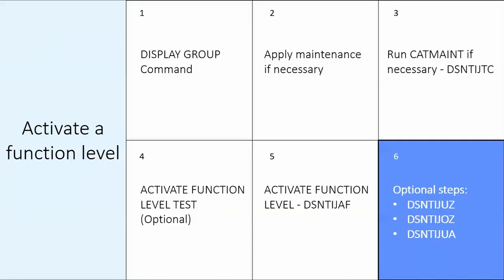So this brings me to the last step. This one is also optional and recommended as we have here. We recommend running a set of jobs that finalizes and sets everything up for you after you've activated the function level that you are going to.